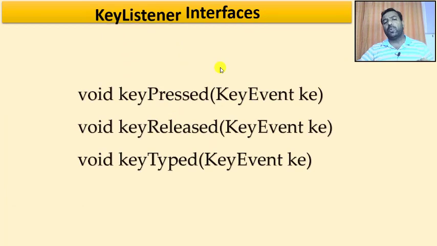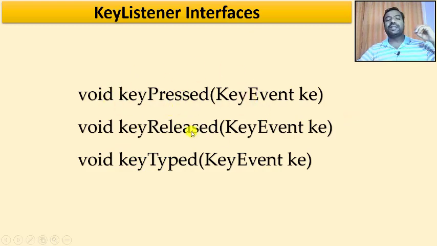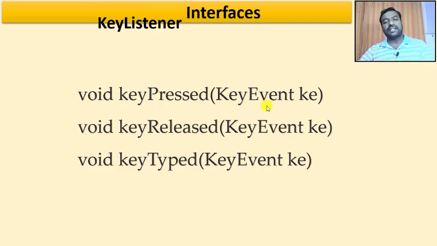Next, the key listener has 3 methods: key pressed, key released, and key typed. Whenever you want to handle keyboard events, you should be able to define and use these 3 methods, the key listener interface methods. Each takes the object from the class key event.